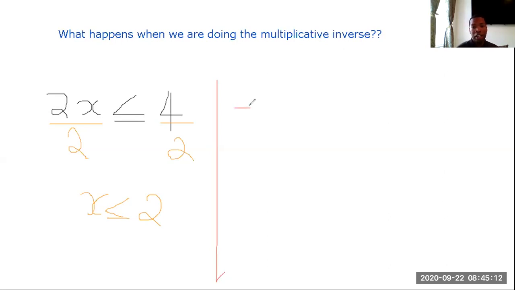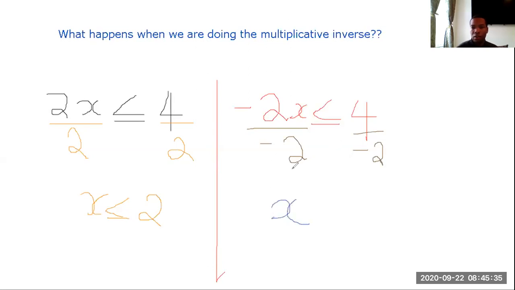Let's do another question, but this time we're going to throw a curveball. So we're going to do negative 2x is less than or equal to 4. So with the same procedure, I have to divide both sides by negative 2 because I want x to be by itself, right? So then I'm left with x, right?